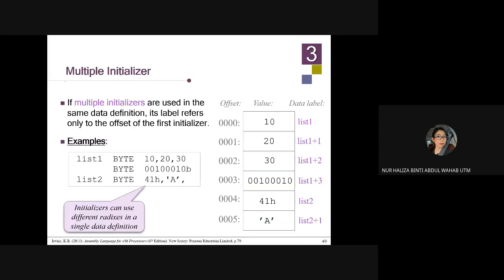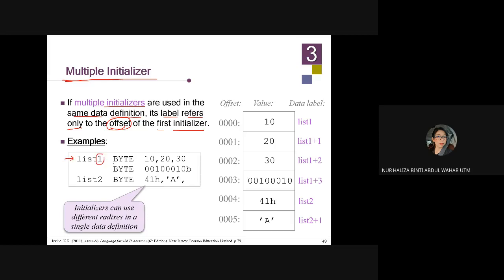So multiple initializer. If you have multiple initializers used in the same data definition, the label refers only to the offset of the first initializer. So the example, list 1.